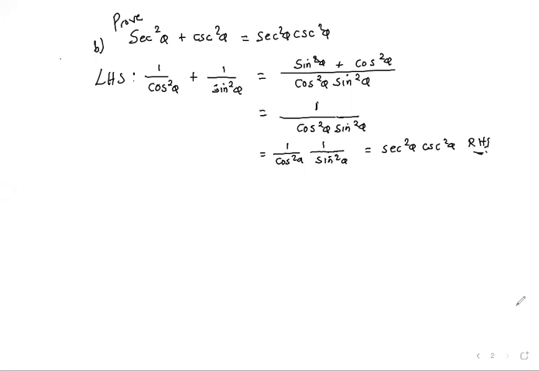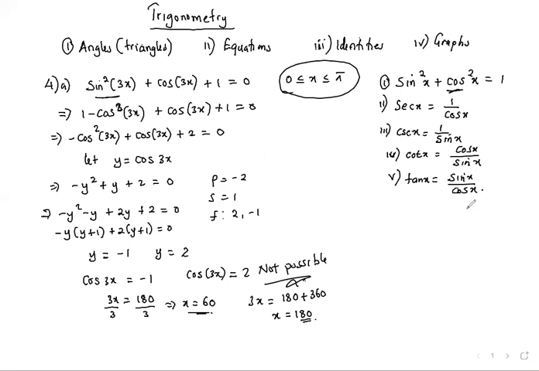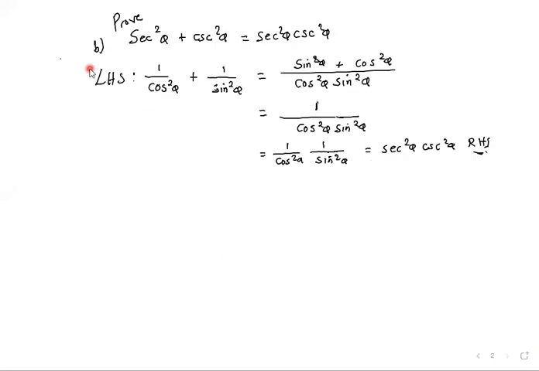So we are back here. I think we should know these. So there we have sec and cosec. Because we know them, you change it with 1 over cos, and 1 over sine. Get common denominator. Get the sum.